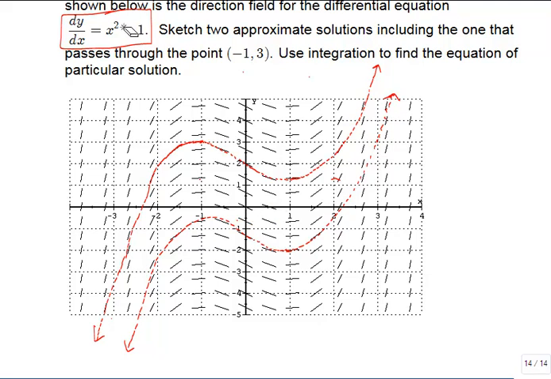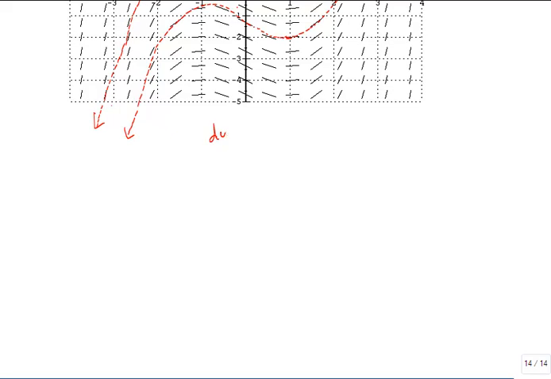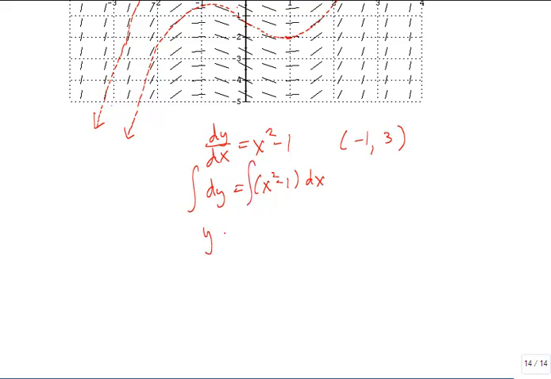So we use our differential equation, which is dy over dx equals x squared minus 1, and the initial condition that we're using is that point -1, 3. So if we push that x squared minus 1 over with the dx next to it and integrate both sides, the integral of dy is just y.